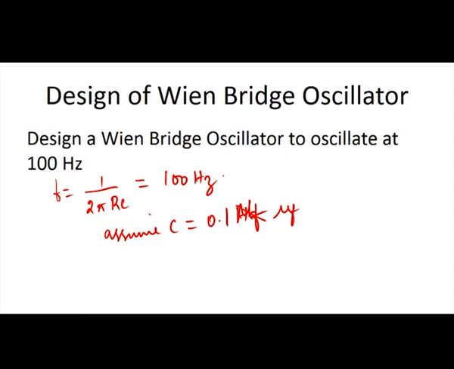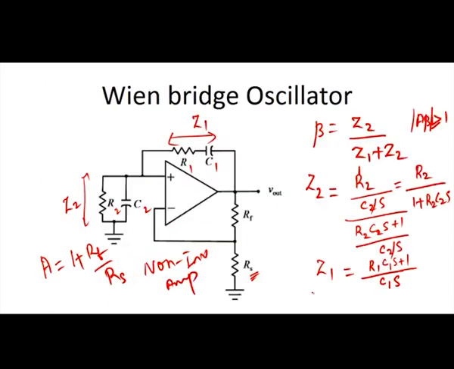The value is substituted in the frequency of oscillation and we find out what R is. R is calculated.